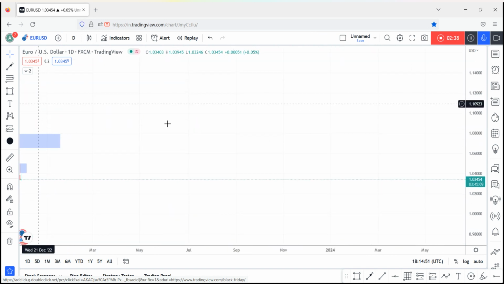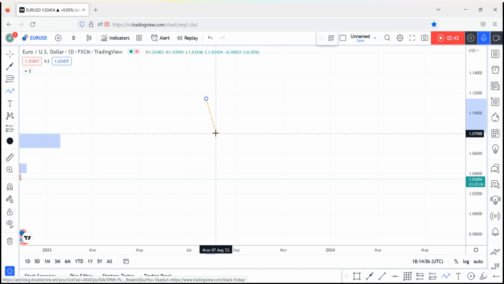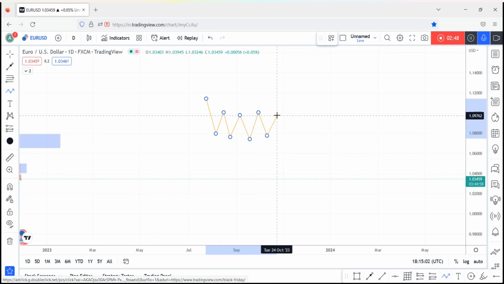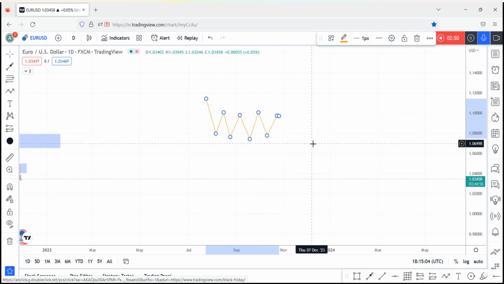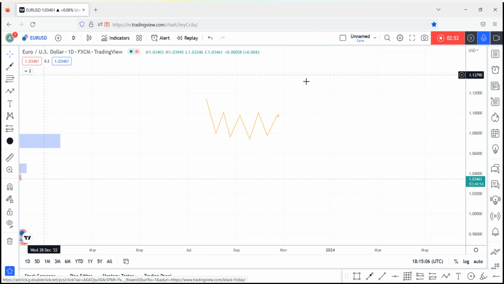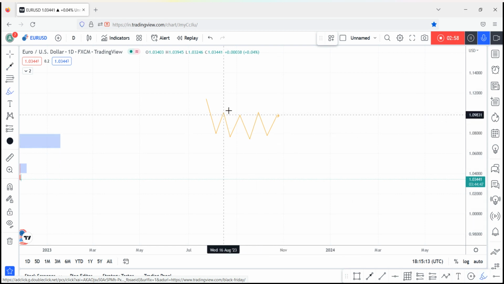So when price is in a bullish trend, price is making a series of higher highs and higher lows, right? So from here, all these zones are mitigated, right? Mitigated by these. This is mitigated by this zone.